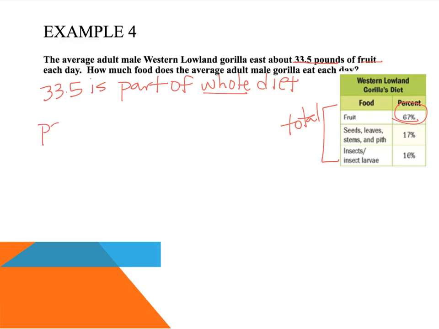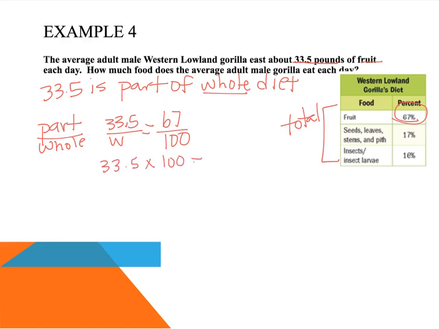So if we have our part and our whole, we have 33.5 over the whole is equal to 67%, so that's 67 over 100. So we're going to do 33.5 times 100 equals 67W. So we get 3,350 is equal to 67W.